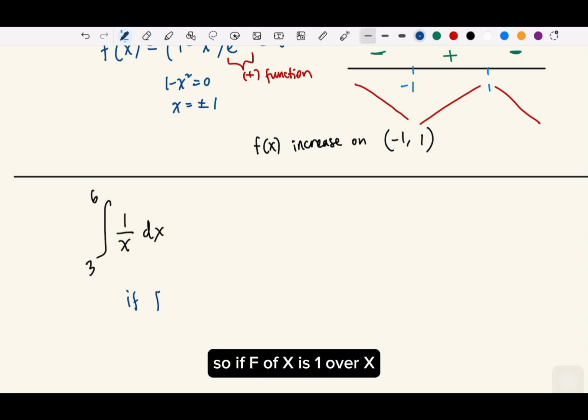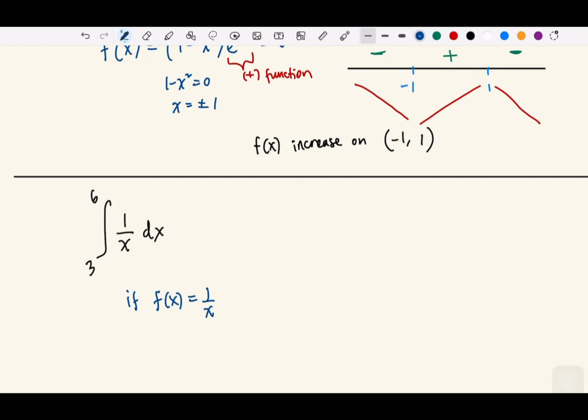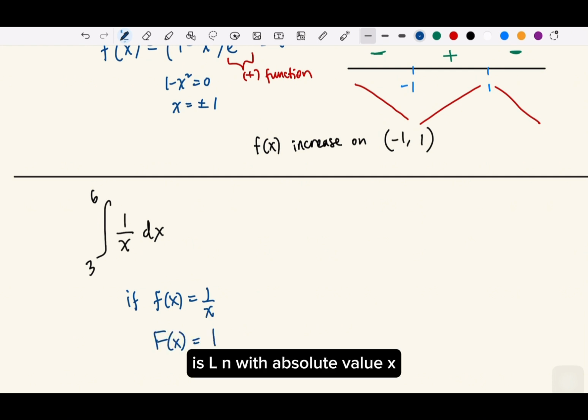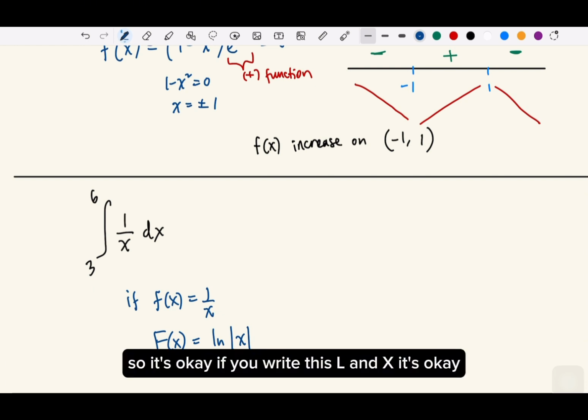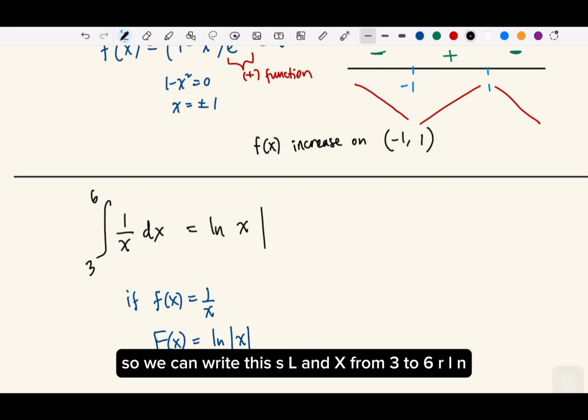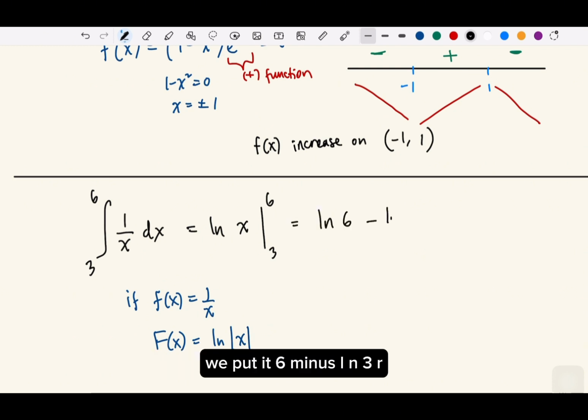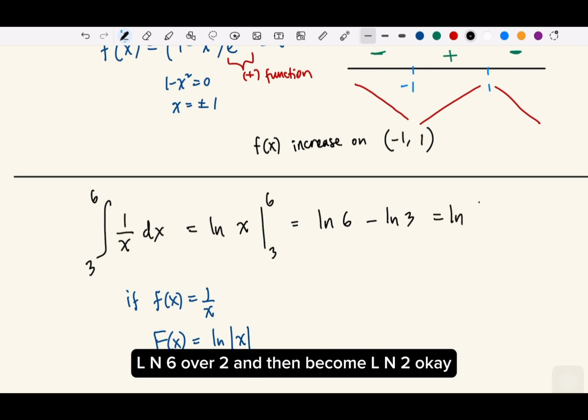So if f of x is 1 over x, then the antiderivative is ln with absolute value x. But since we have 3 to 6, it's all in the positive values, so it's okay if you write just ln x, because we are on the positive axis. Okay. So we can write this as ln x from 3 to 6, or ln 6 minus ln 3, or ln of 6 over 3, which becomes ln 2.